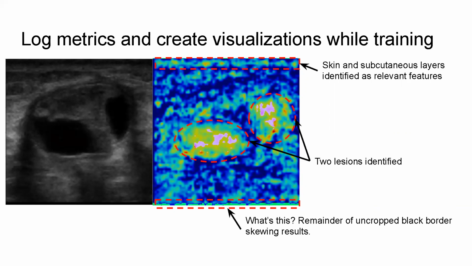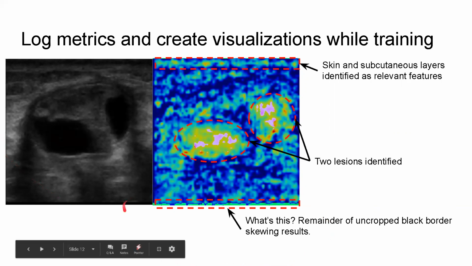So 2 lesions are identified, the skin is identified for the subcutaneous layer, and the bottom artifact is an artifact and meant that I had to go back to pre-processing and fix my mistake. This was being used in classifying as a lesion, and it was difficult to see in the grayscale image, but there's a very slight black border on the very bottom of the image.